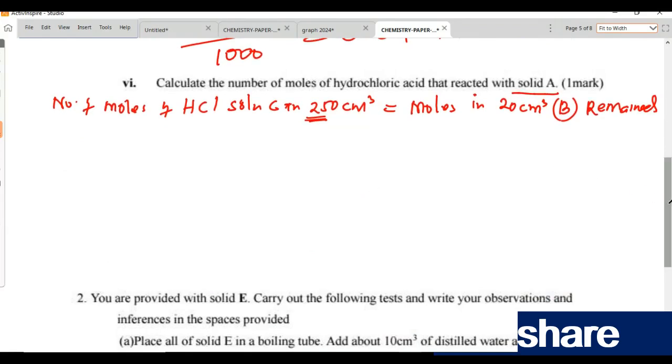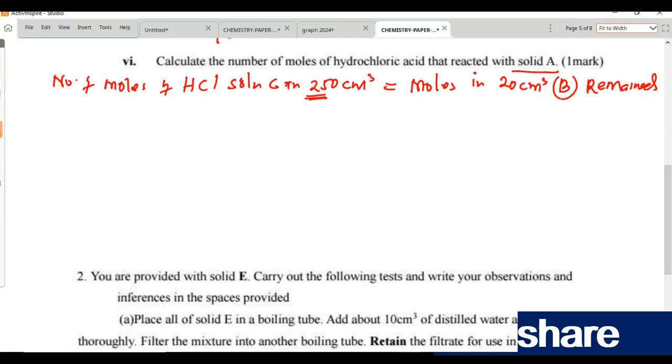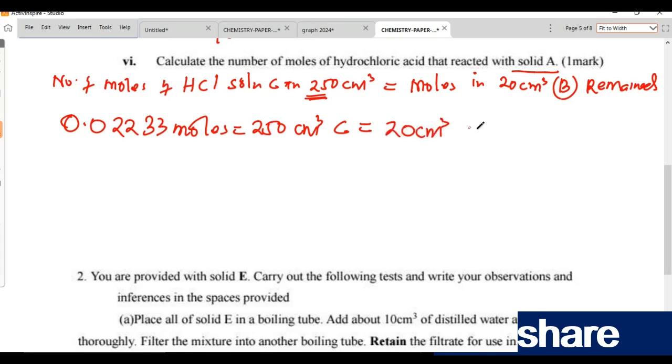It is the concentration that changes after diluting. Therefore, 0.02233 moles, which are in 250 centimeters cube solution C, will be equal to moles in 20 centimeters cube solution B that remained after reaction.